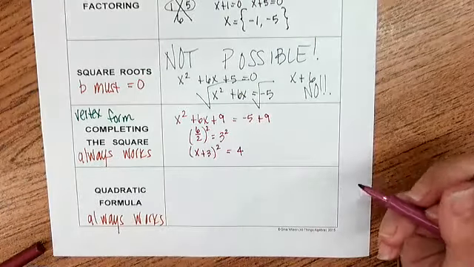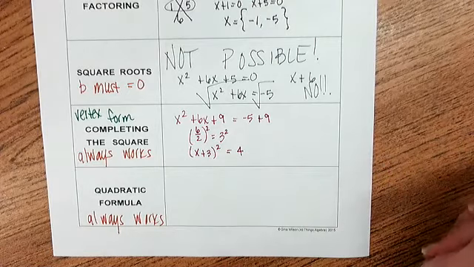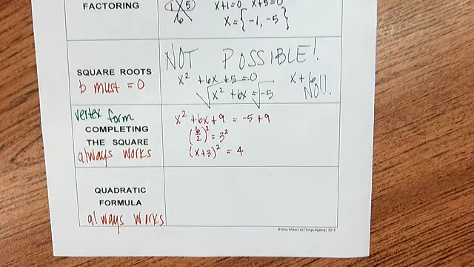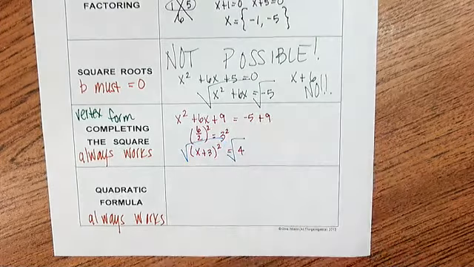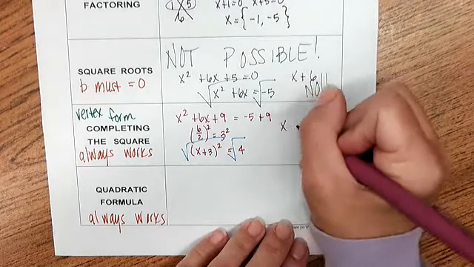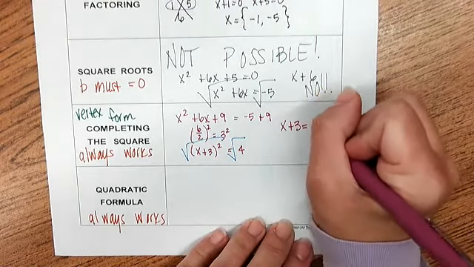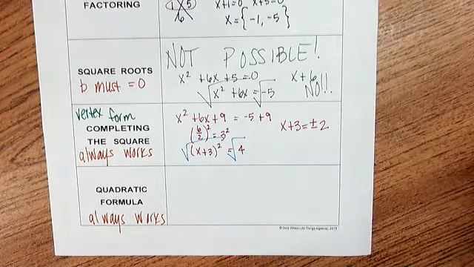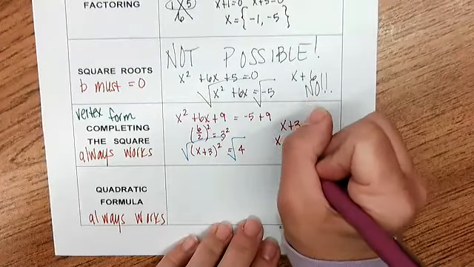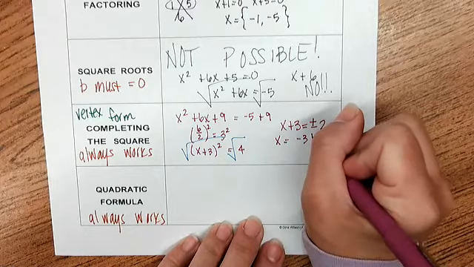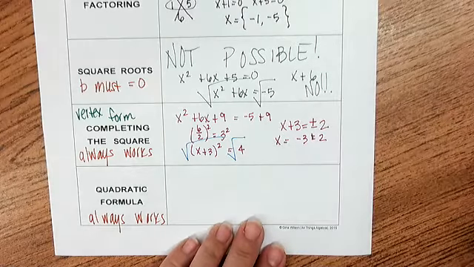I like that. I see 4. 4 makes me happy. 4 is a perfect square. All right, I'm going to square root both sides. This is allowed. Can you square root a square? You sure can. That gives you x plus 3 equals plus or minus 2. Do not forget the plus or minus sign. Subtract, so you get x equals negative 3 plus or minus 2.